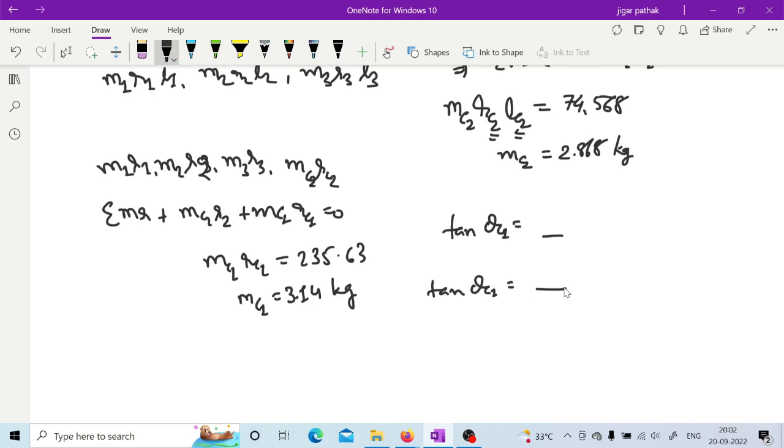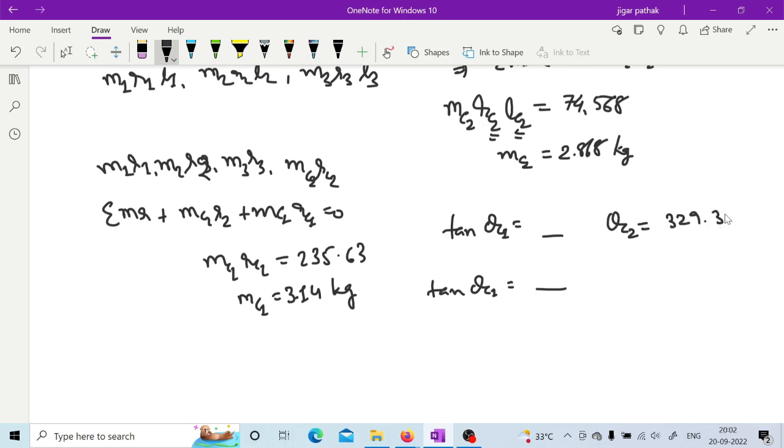So have you calculated theta C2 and theta C1? Actually, theta C2 is coming 329.3.